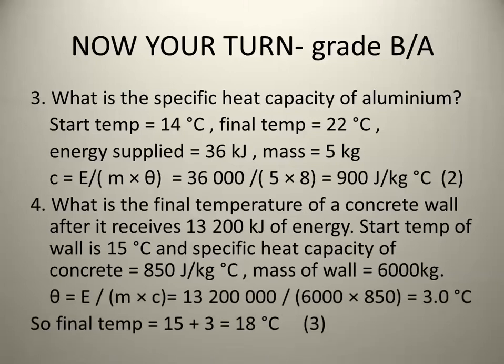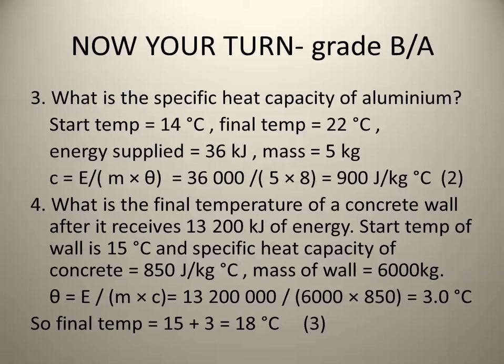So we start with that, and we find that when we put the numbers in and get rid of the K, our 3 zeros, in the front of 13,200. We get an answer of theta is 3 degrees Celsius. That's the temperature difference. So we know we started at 15, so therefore the final temperature is 15 plus 3, which is 18 degrees C.